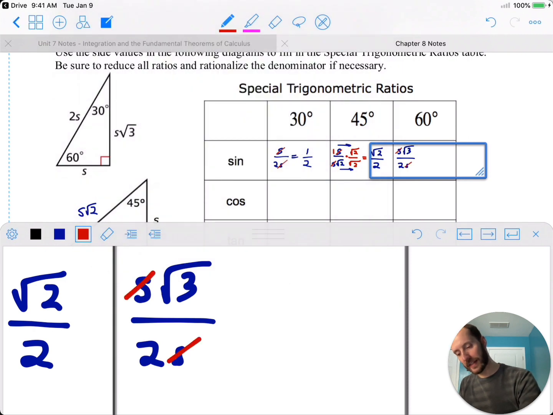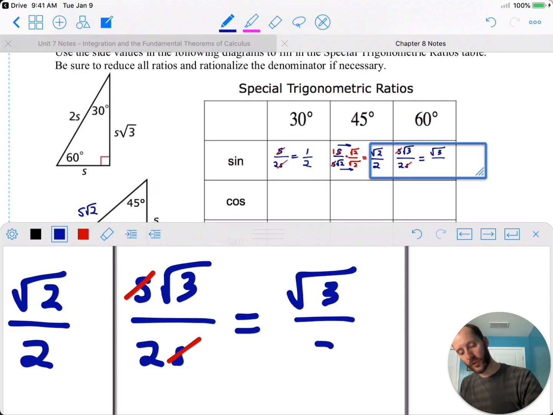The s's cancel out, and you're left with root 3 over 2. So no matter how big or small the triangle is, if it's a 30-60-90, the sine of 60 degrees is always root 3 over 2.